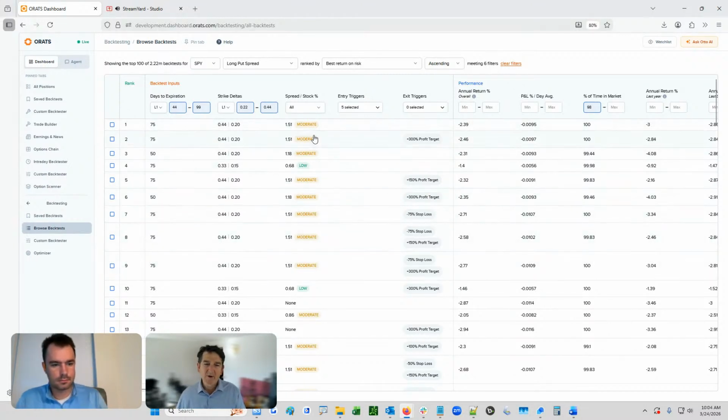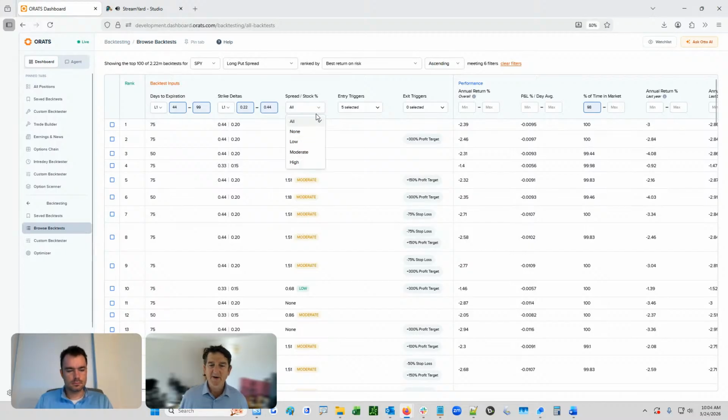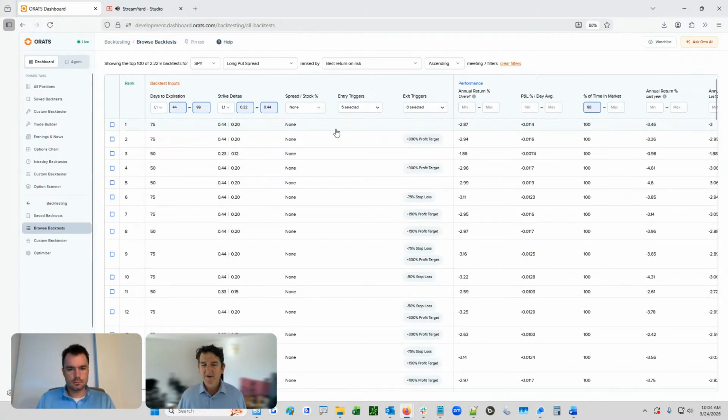I don't want the spread-to-stock ratios in here, so I'm going to take that out too. I'm okay with having exit triggers. I think it's actually good to have a way to get out of these. But you'll see that the returns are fairly poor on these.